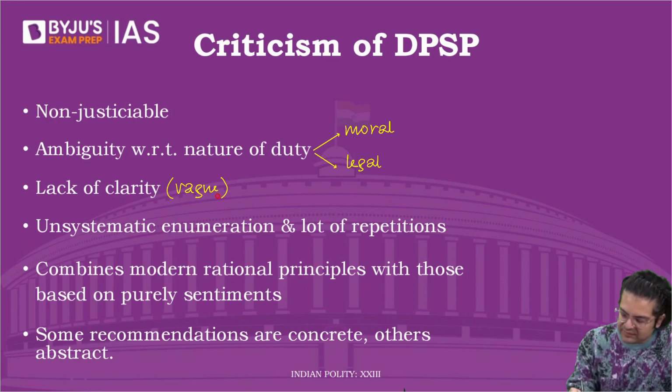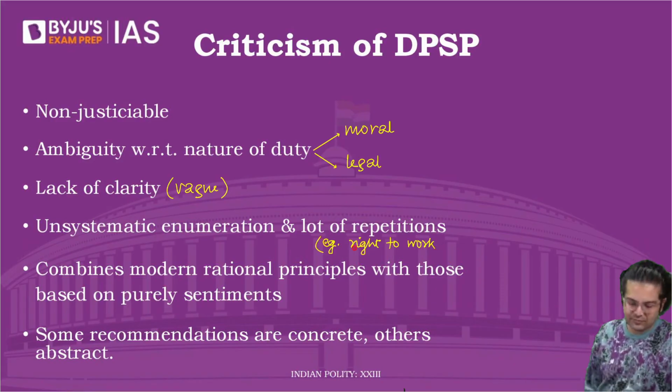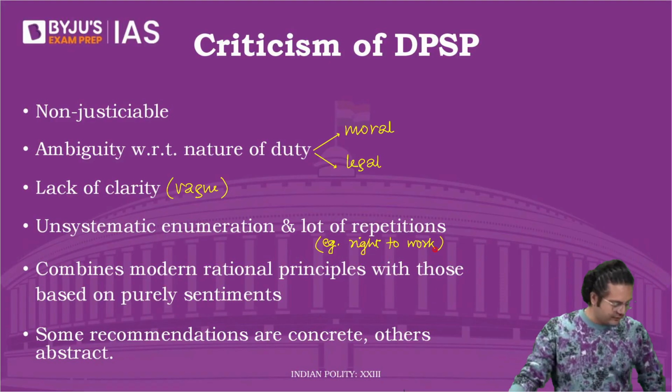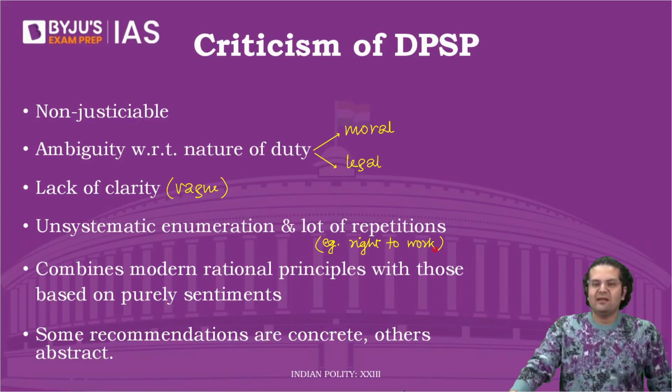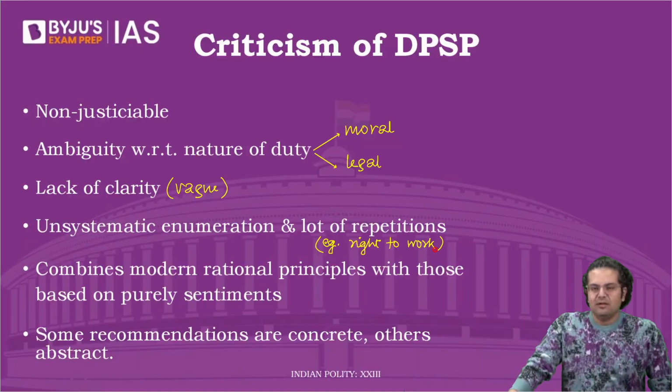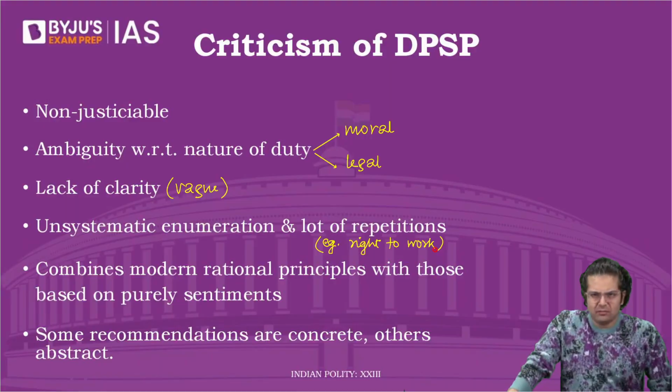A very good example here is the right to work appearing so many times, and it combines modern rational principles, protecting the wildlife, etc., with those based on sentiments, don't drink, enjoy the leisure period, etc. So these are sentimental principles only.